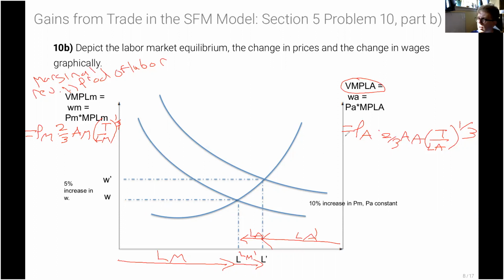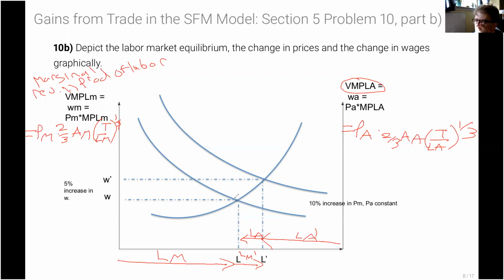Likewise for agriculture: initially, if we don't have many workers employed in agriculture, each worker's marginal revenue product of labor is going to be quite high, and as we add more workers, it is going to decrease.